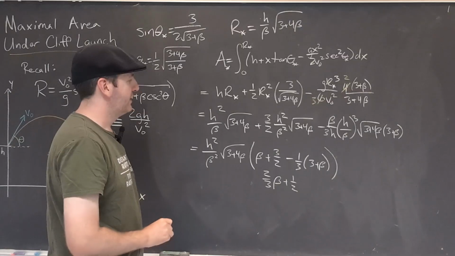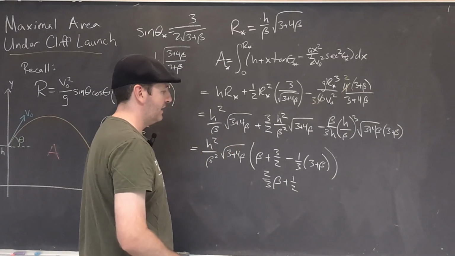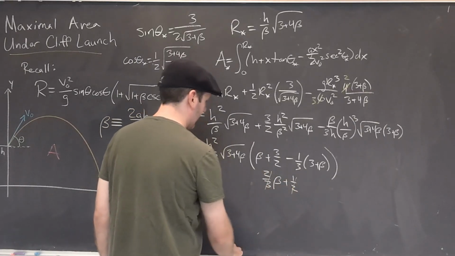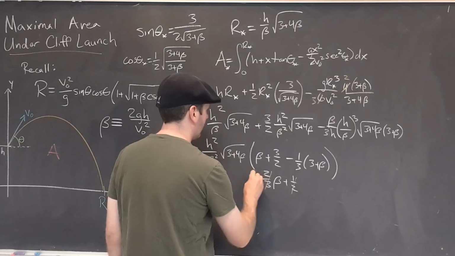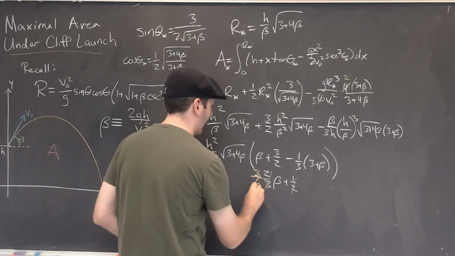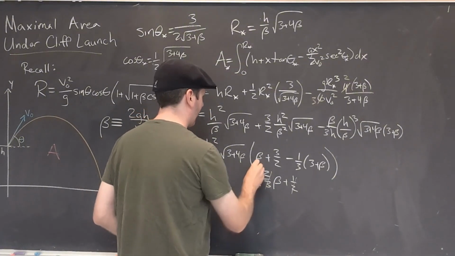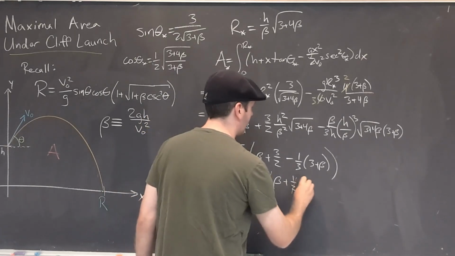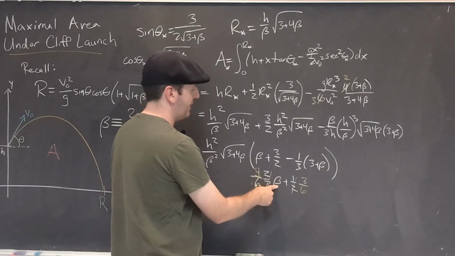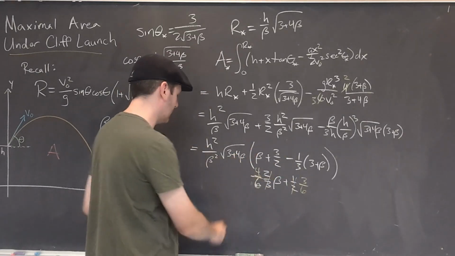And then finally, let's rewrite this just slightly by finding a common denominator of 6. So I can rewrite these two fractions. Here I'll have, sorry, not 3/6, 4/6. And over here I'll have 3/6. And notice that what I'm left with is 4 beta plus 3, which is exactly what's under my root here.